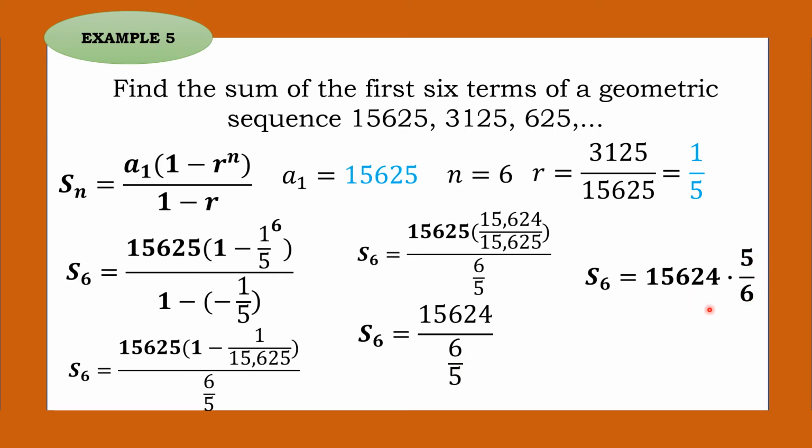So multiplying these two, the result is 13,020. So it means that the sum of the first 6 terms of a geometric sequence, 15,625, 3,125, 625, and so on, is 13,020.